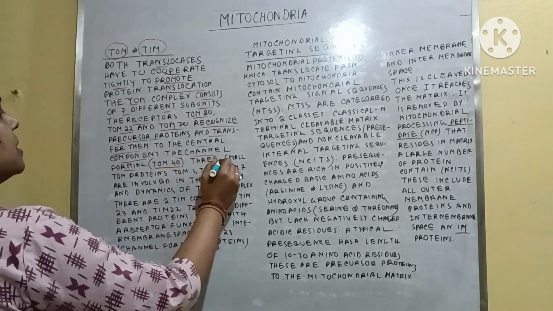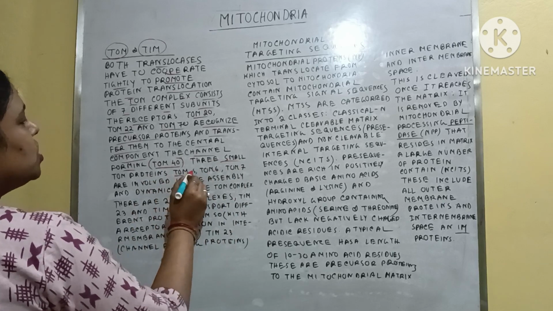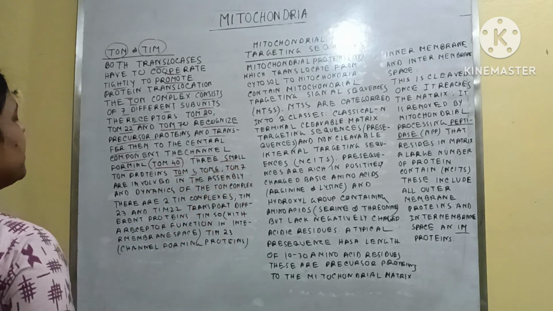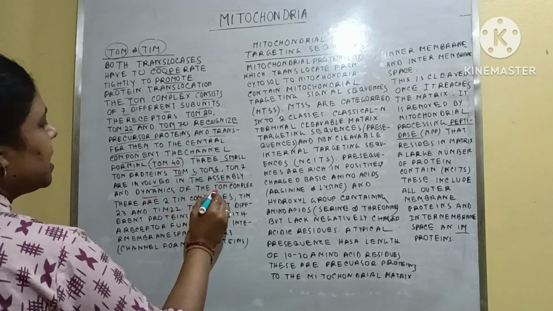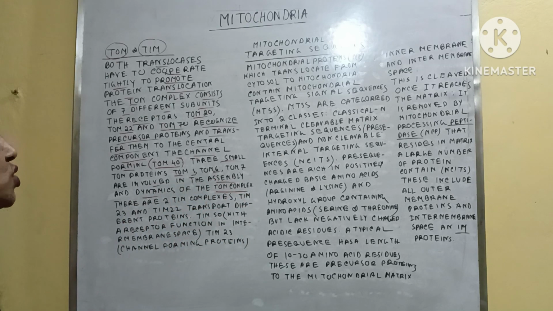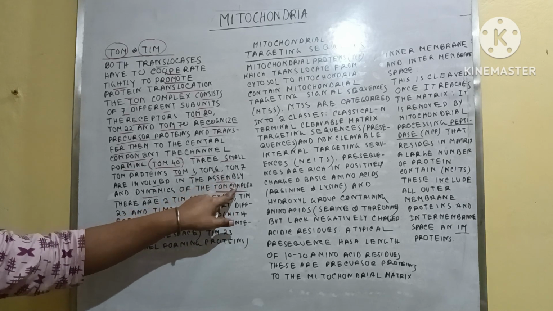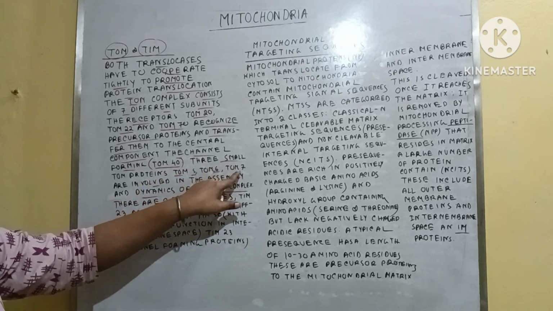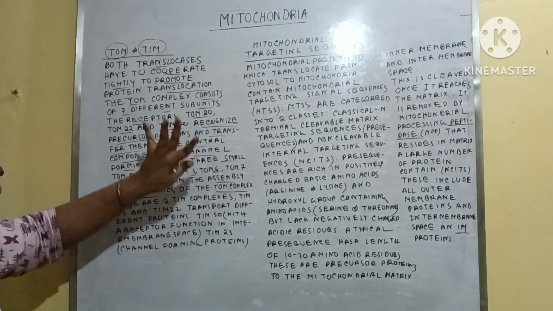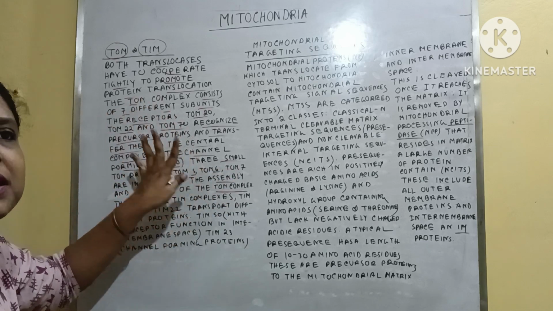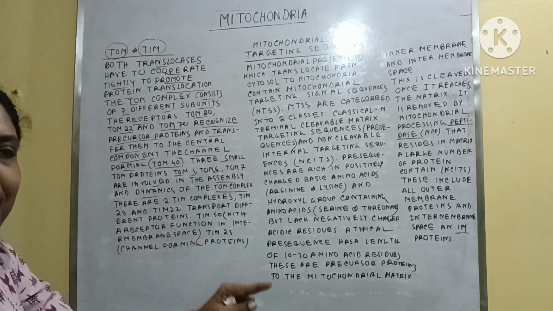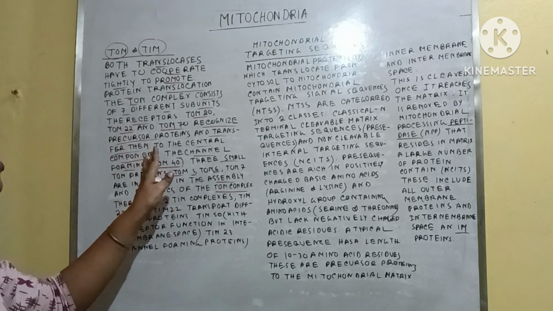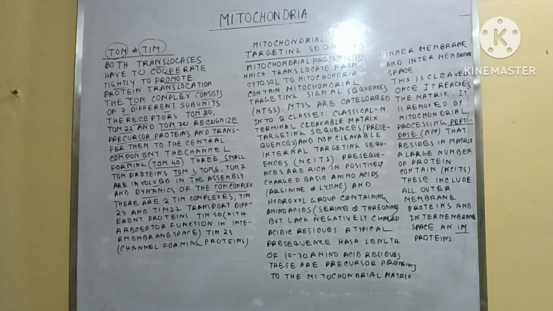And there are another 3 small subunits, TOM5, 6 and 7, which are involved in the assembly and dynamics of the TOM complex. So the actual function of these subunits and this complex is to recognize the protein and transfer it to the central channel of the mitochondria.